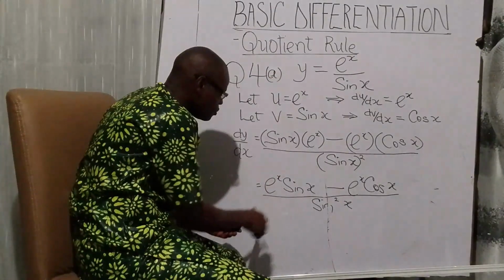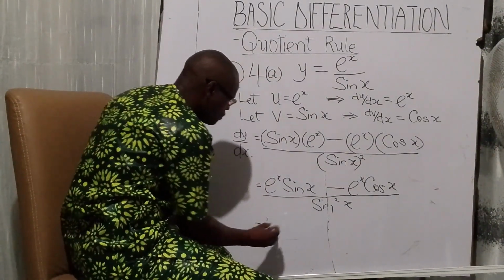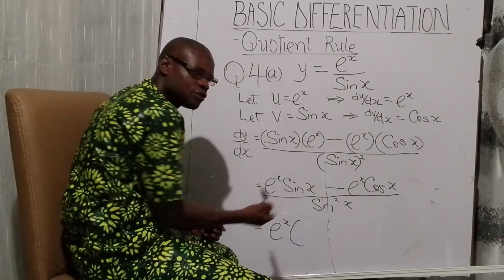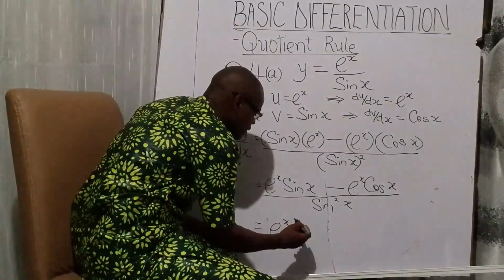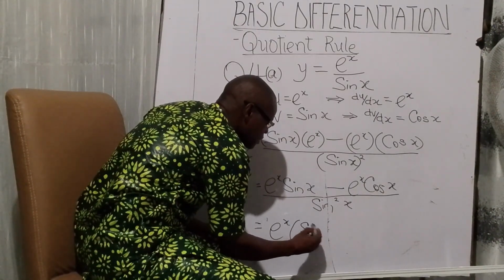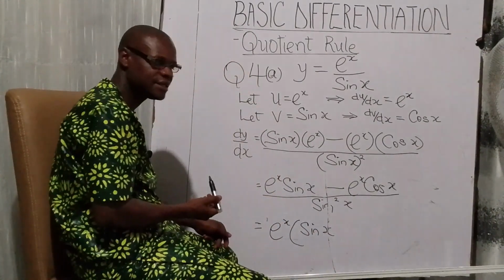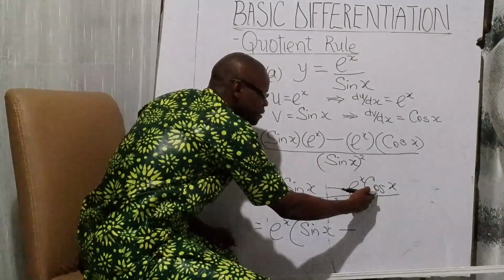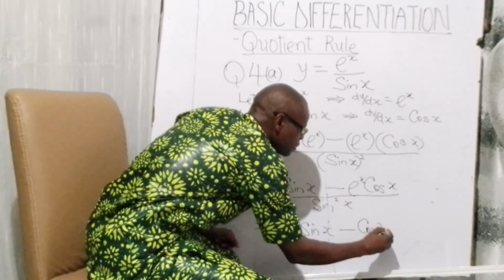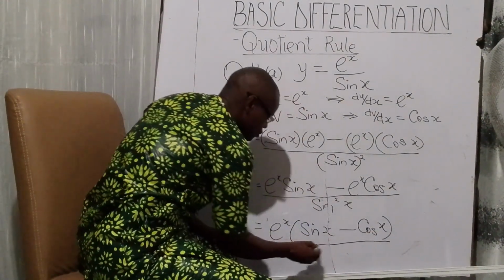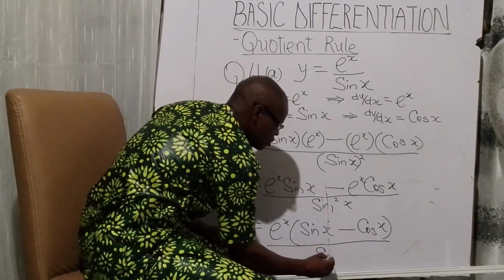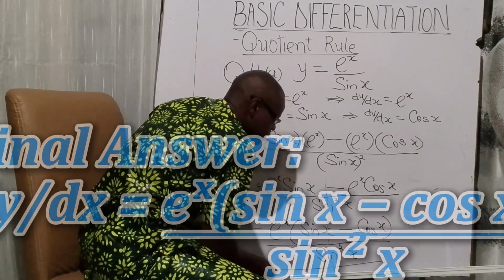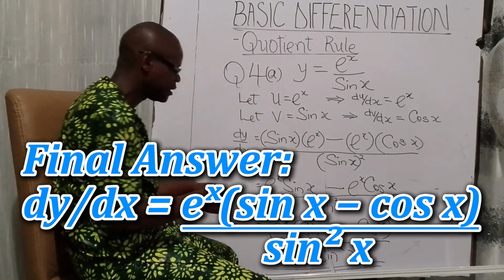Because this is common, you can put e raised to power x outside brackets. What we are left with is sine x minus cos x in brackets. Then you divide by the denominator, sine squared x. So this is going to be your final answer.